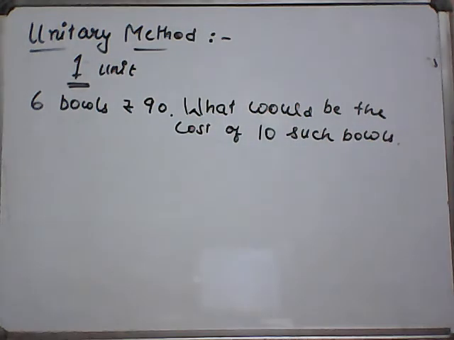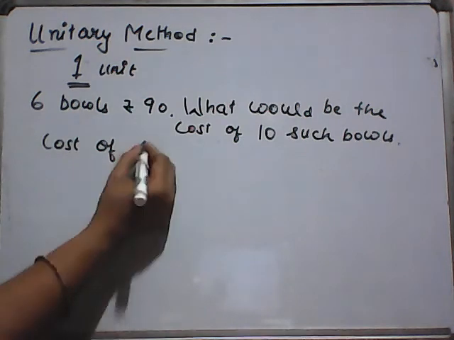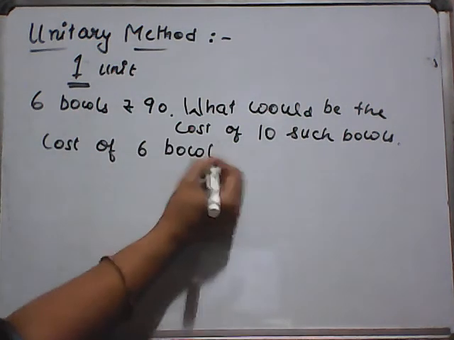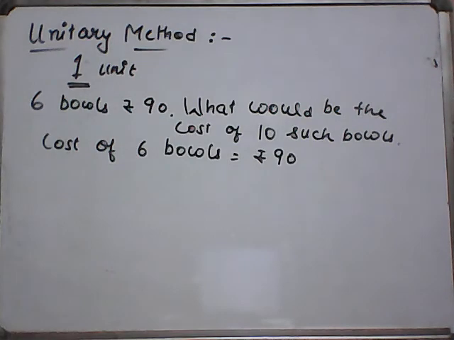Here the cost of 6 bowls is given as 90 rupees and you have to find out the cost of 10 bowls. In the unitary method, you have to find out the cost of 1 unit.